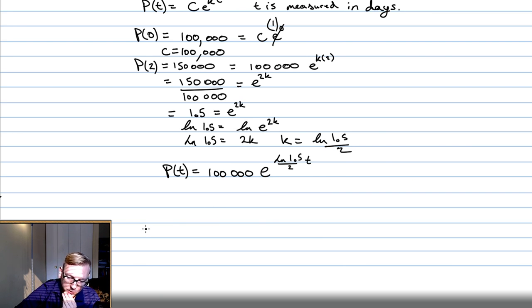I'm trying to think of what the best way is to make it easy for university tests. So what I'm looking at here is the natural log of 1.5 with a 1/2 in front, and there's a t, right?